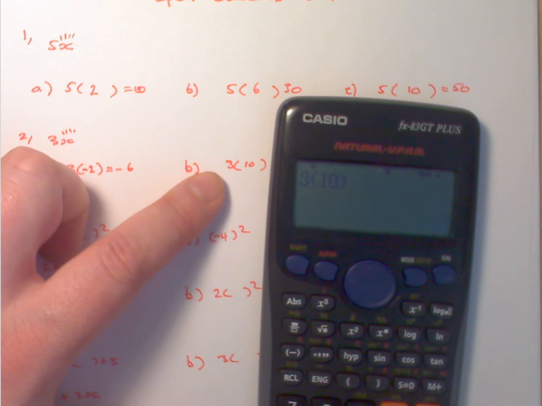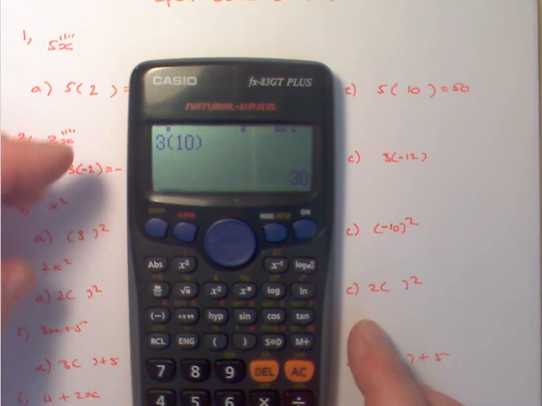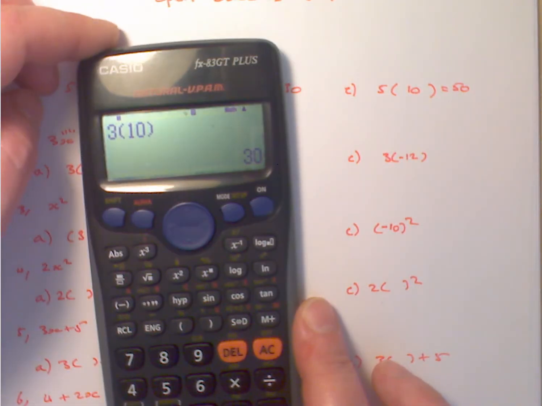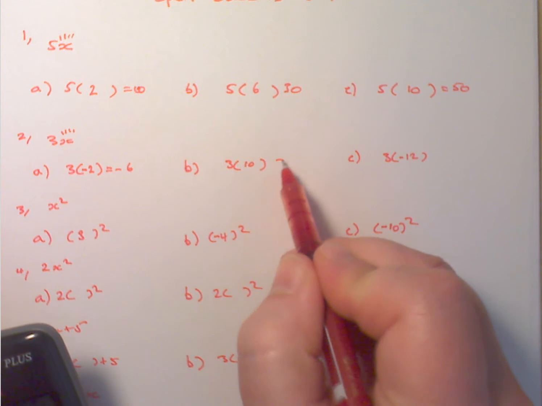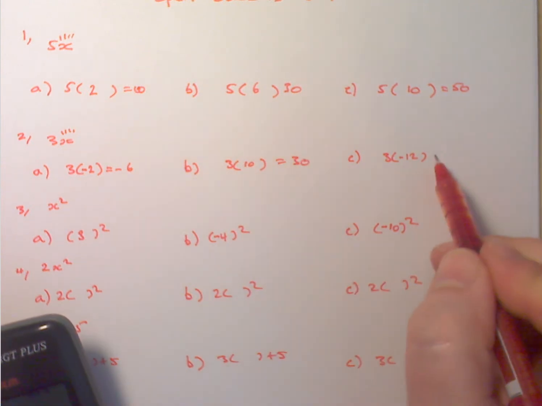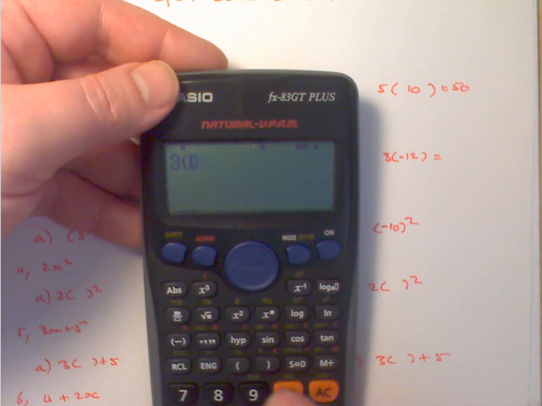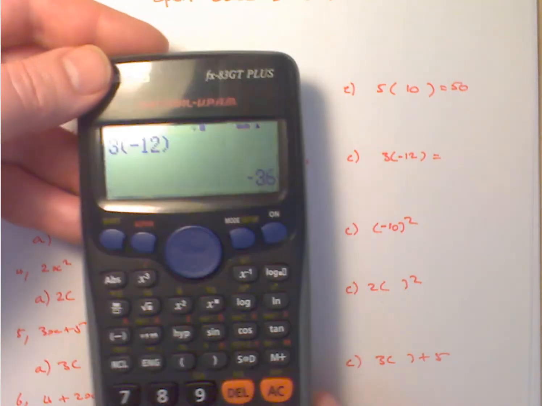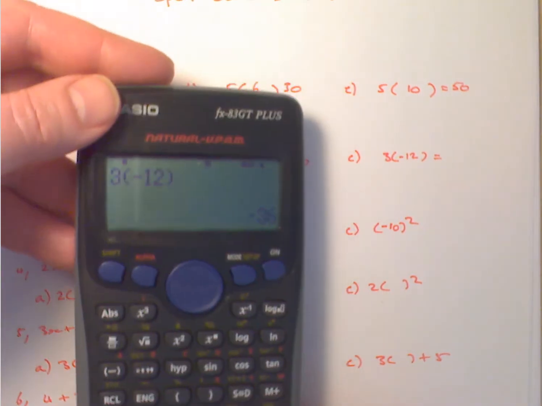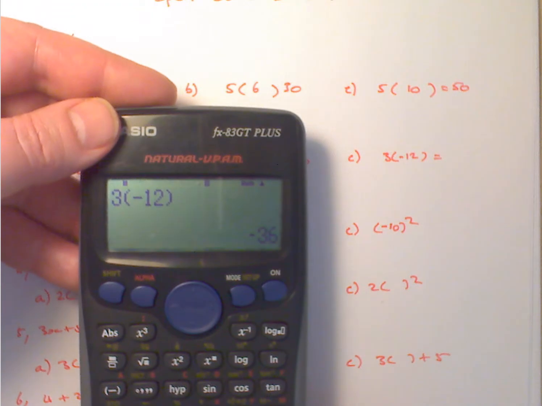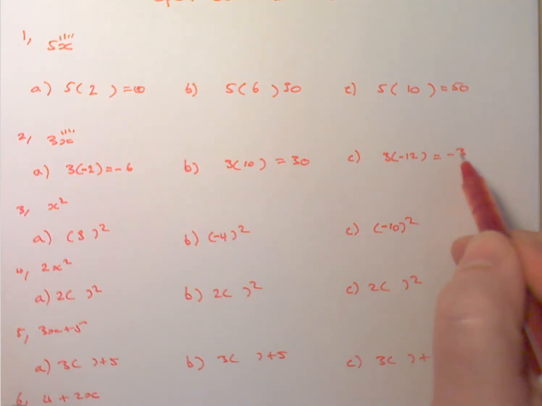You really can take a load off, just let the calculator do all the work. There's 30 it's showing there. And if you do the same thing again, just go back up there, switch it to -12. And it just does all the work for you. If you use brackets, the calculator will do all the work for you.